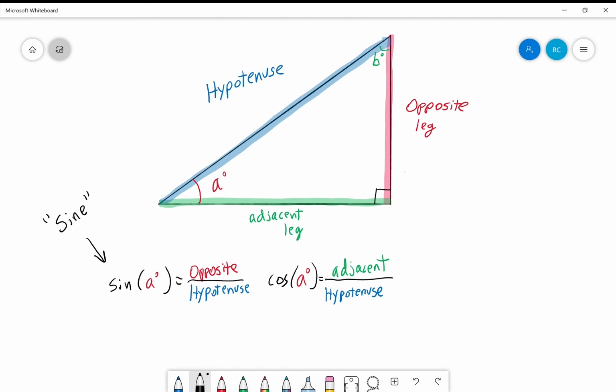So again, cosine of A degrees, this is pronounced cosine. All cosine means is the length of the adjacent leg, in this case this one, divided by the length of the hypotenuse. We're just giving a name to this relationship, to this ratio.